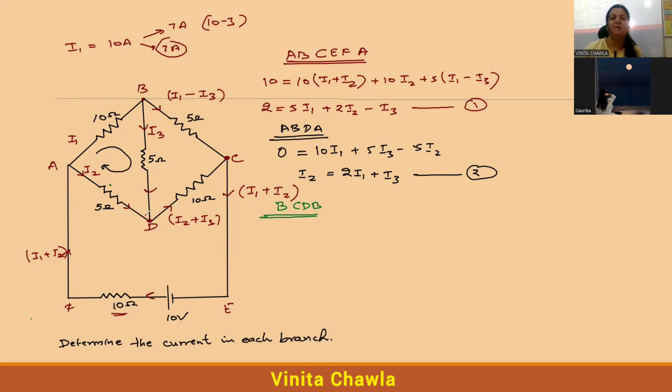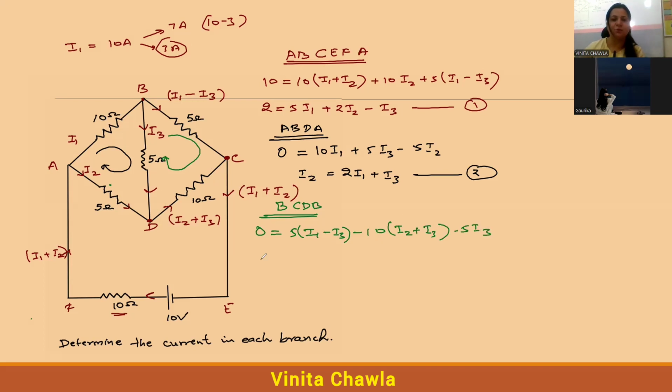B, C, D, B, like this. I1 minus I3. Now see, again we will put 0 here because there is no battery here. Now after this, 5I1 minus I3, and here we are moving against it now, so minus 10 I2 plus I3, and here minus 5I3.